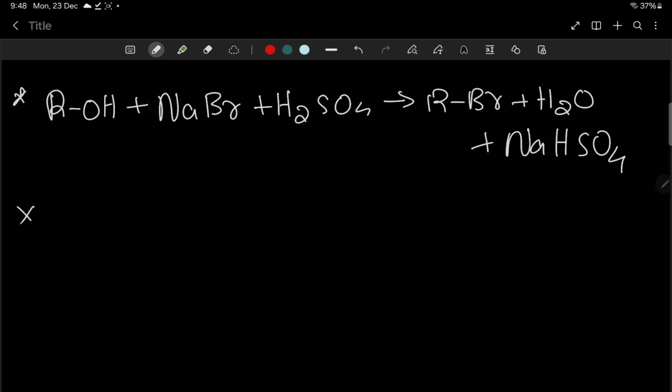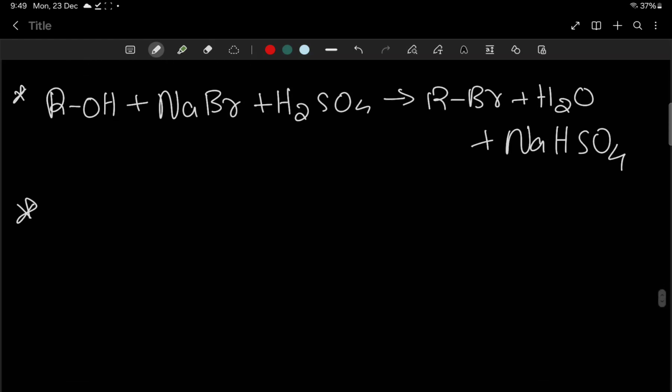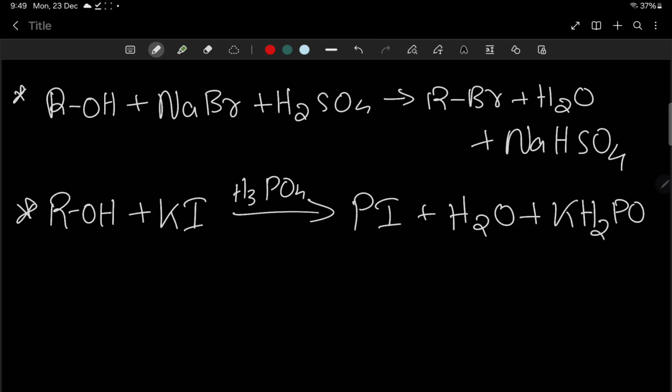This is one reaction you can note down. You need to learn so much. This is never asked before, but you can just go through the reaction. The above one with alcohol is most important. This is also another reaction with KI. Just learn this for your sake.